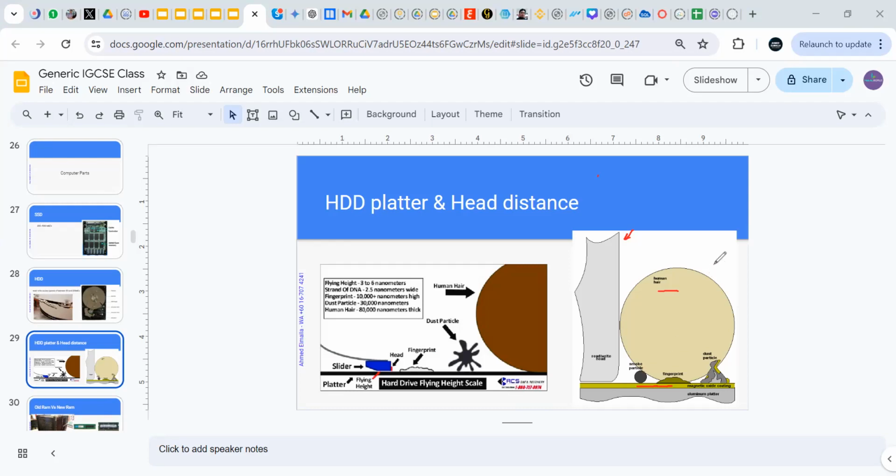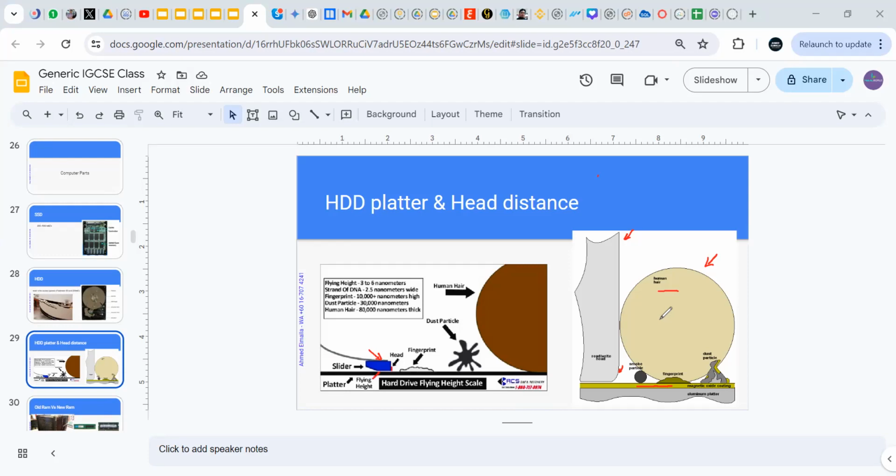Compare the thickness of a human hair to the distance between the platter and the head, which is represented by this part. So that's why if you ever open a hard disk, it will never work again, because any dust or hair that falls on the platter, it's gone. And do you know why the hard disk gets damaged if it falls?